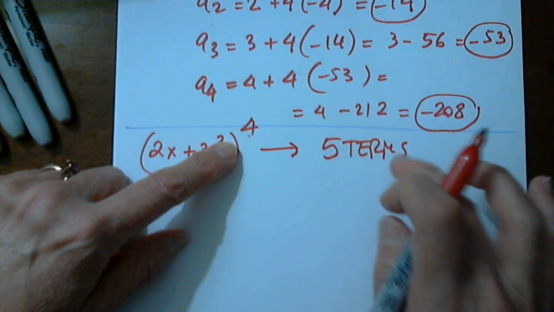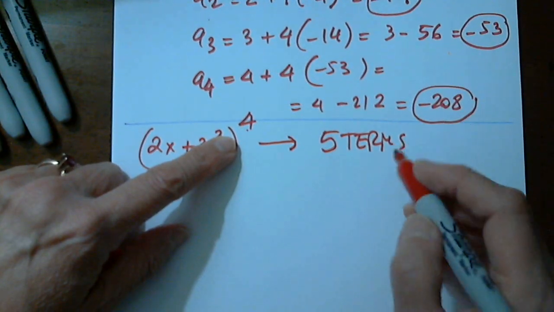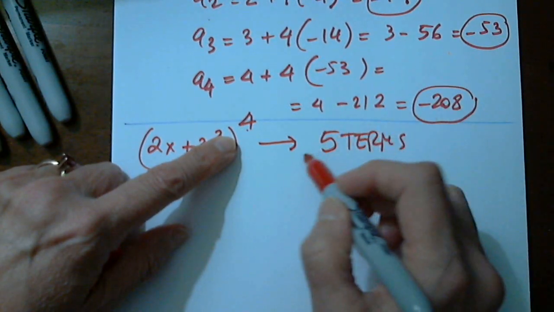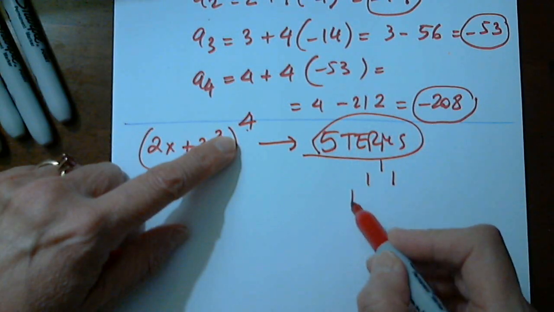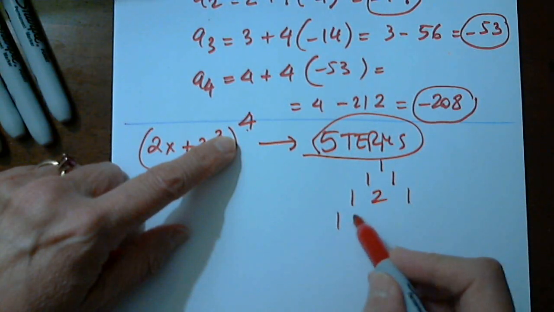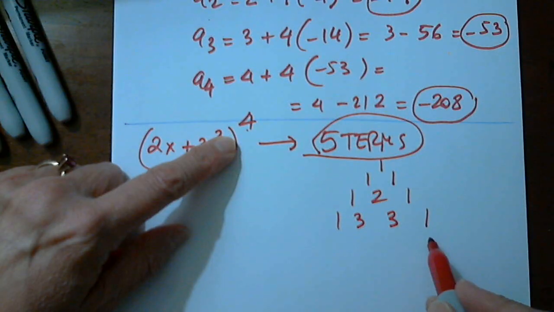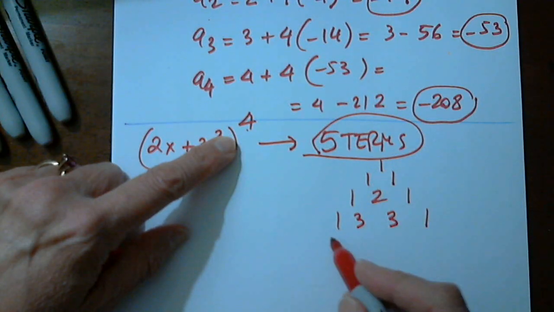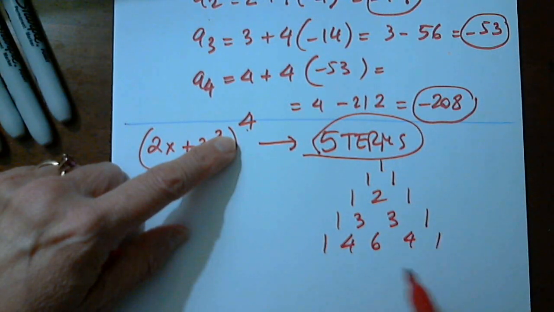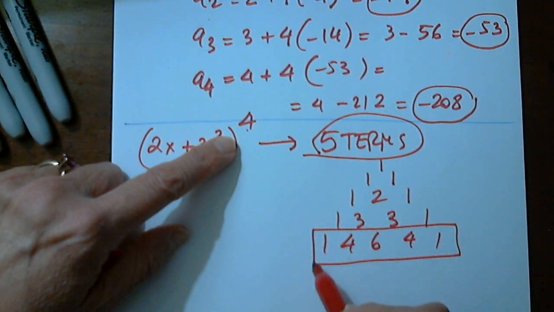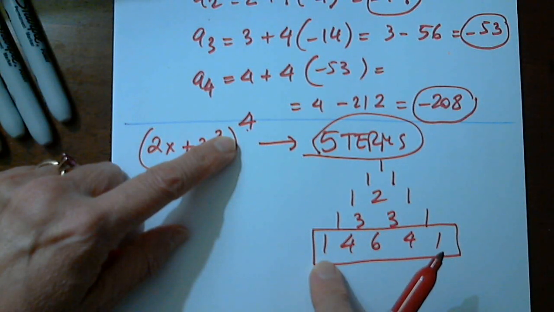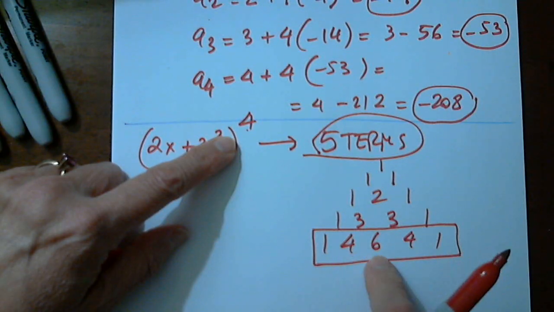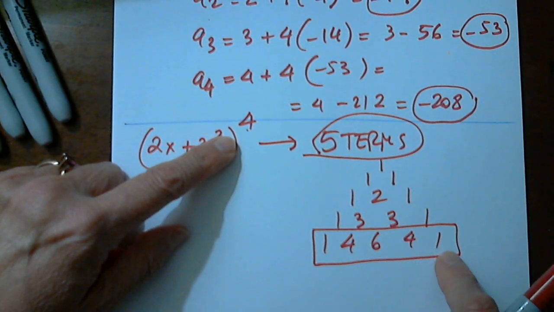So I find first the original coefficients. 1, 1, 1, 2, 1, 1, 3, 3, 1. 4 terms, not 5 yet. 1, 4, 6, 4, 1. I found 5 terms. The first coefficient would be 1, the initial coefficient, not the final one. The initial 4, initial 6, initial 4, initial 1.